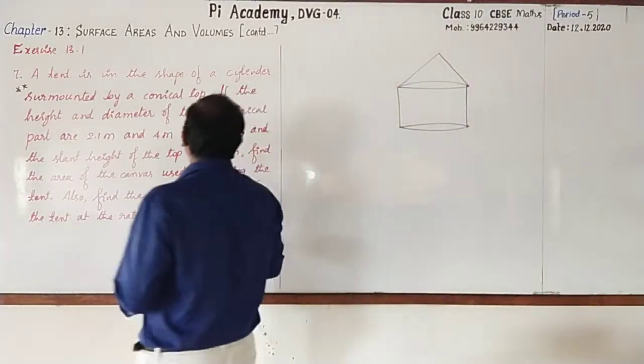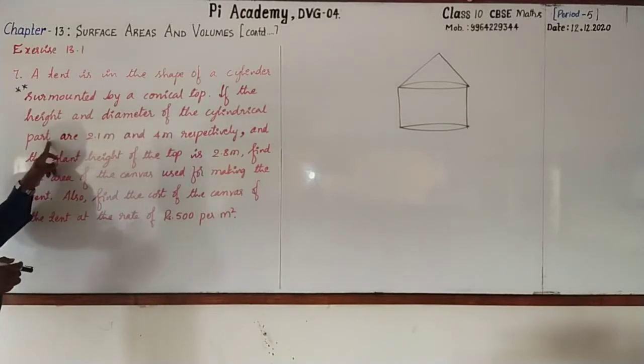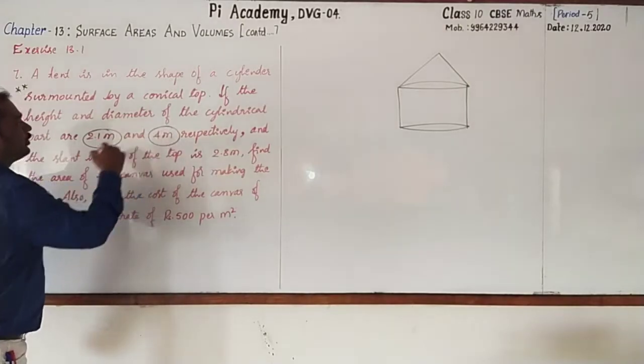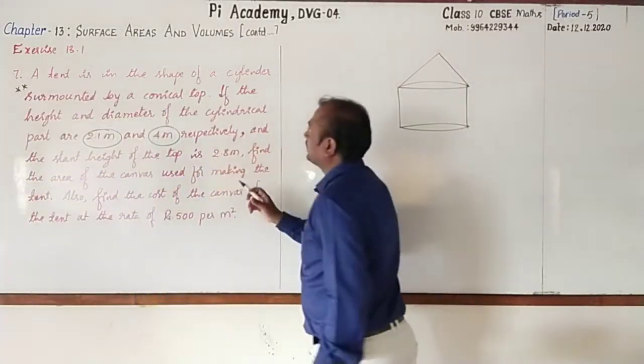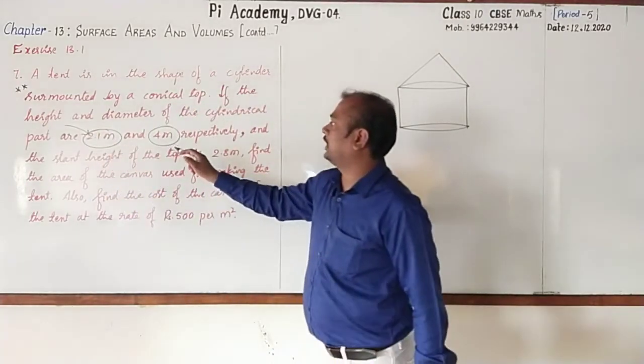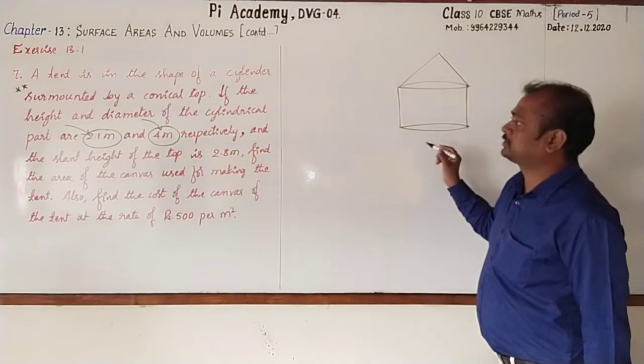Now go through the second sentence. If the height and diameter of the cylindrical part are 2.1 meter and 4 meter. See that? Here, height is 2.1 and diameter is 4 meter. Both are with respect to the cylinder.